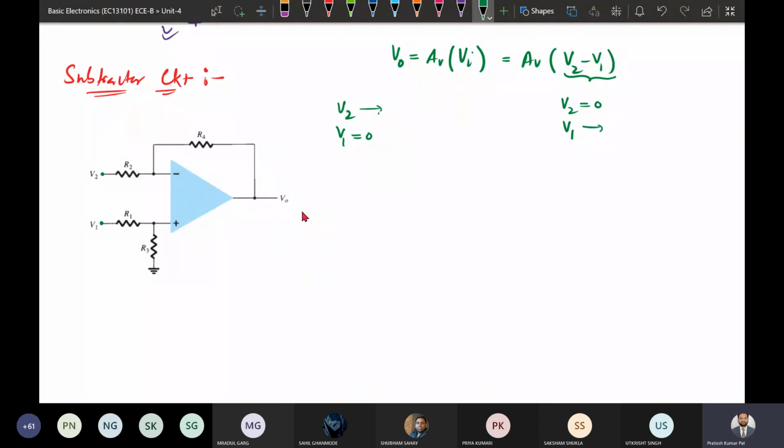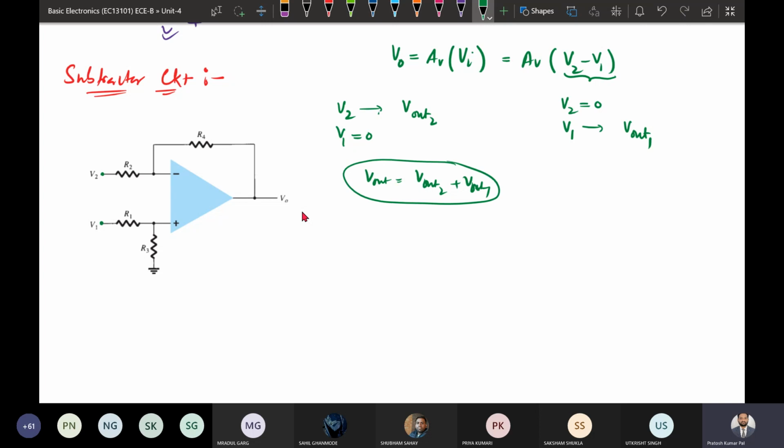With respect to V1, the output we get will be, suppose, V output 1, and if V1 is 0 and we consider V2, then the output we get is V output 2. In the final, the output will be the addition of V output 2 plus V output 1. This is what the superposition says.